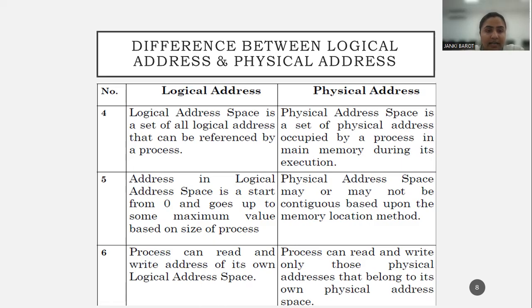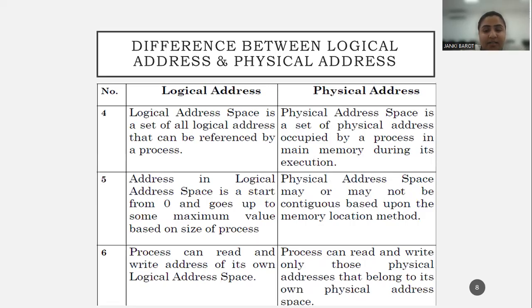Now, a process can read and write addresses of its own logical address space, but a process can only read or write its own physical addresses. It can't read or write another process's physical addresses. Next, addresses in a logical address space start from 0 and go up to the maximum value based on the size of a process, right?